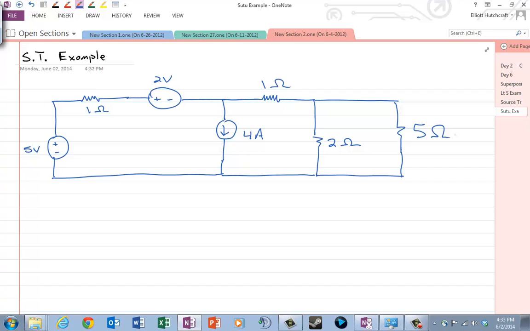And let's say what we are after here is what's the power absorbed in the 5 ohm resistor over there.